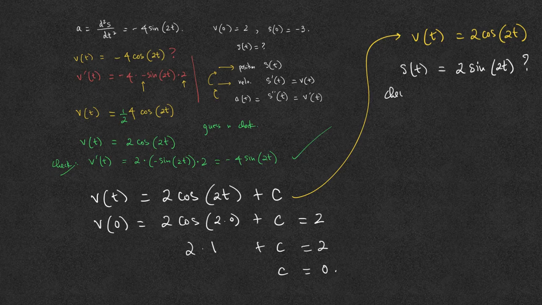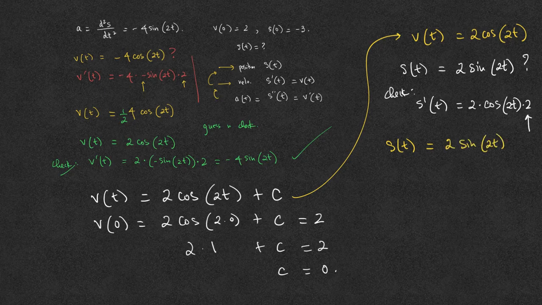We need to check this. s prime of t is 2 times the derivative of sine of 2t, which is cosine of 2t times 2, and so there is an extra factor of 2 only. So how do we take care of it? s of t should be 2 sine of 2t times 1/2, or s of t is simply sine of 2t, and make sure we do a plus c.